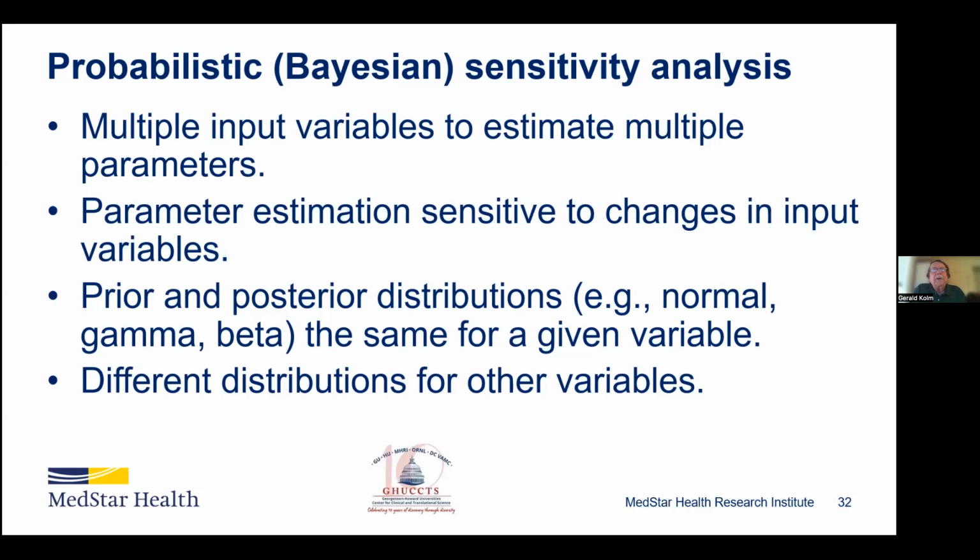This is where the Bayesian perspective comes in really handy, or is really nice compared to the classical or frequentist perspective, because we can set up some really complicated designs from a Bayesian perspective that are almost impossible to duplicate in the frequentist perspective. And the probabilistic sensitivity analysis really illustrates this.